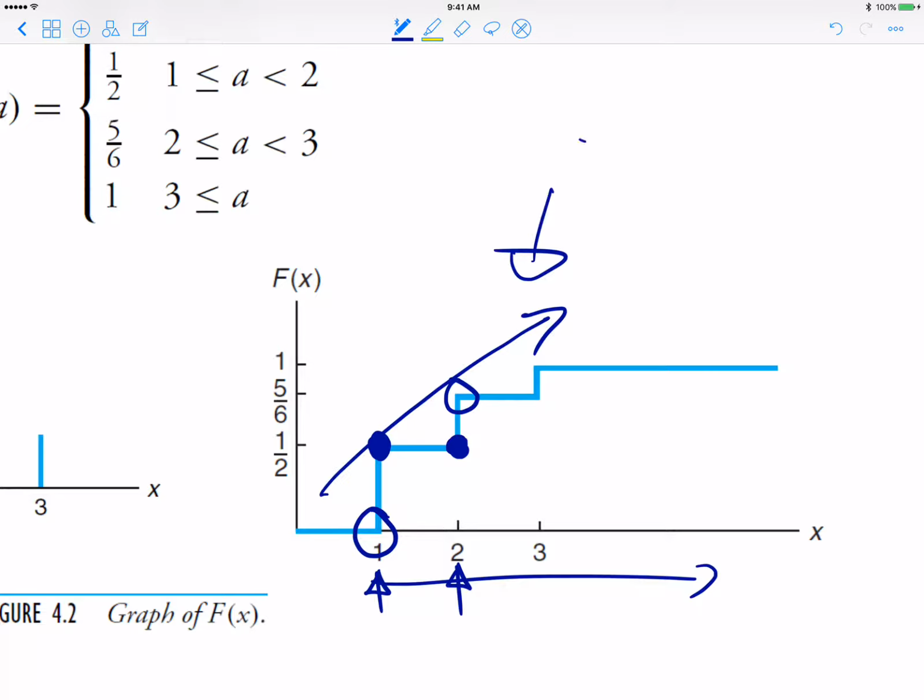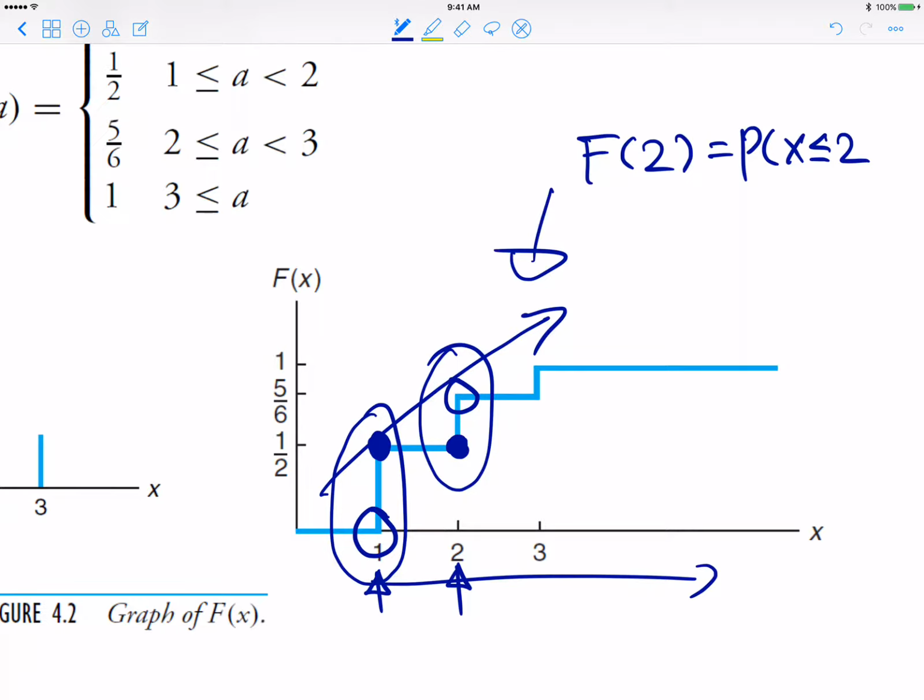And then what will be the probability of x being less than or equal to 2? That will include the case of x being exactly equal to 2, right? So is this true or this true? Which one do you think is the correct one, 1 or 2?